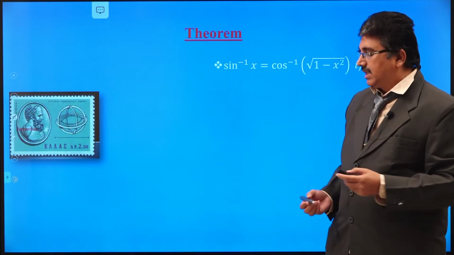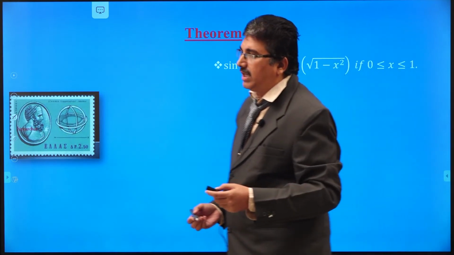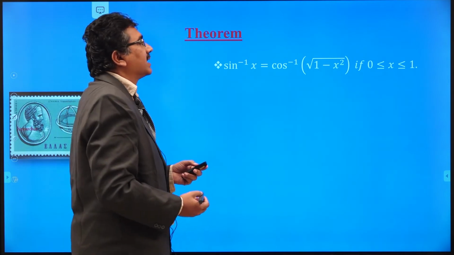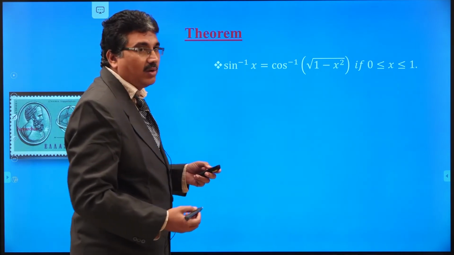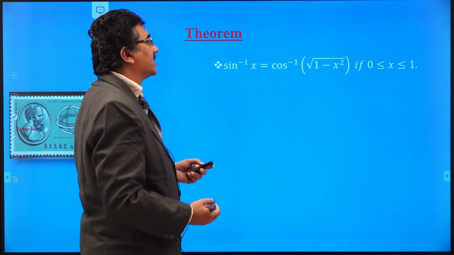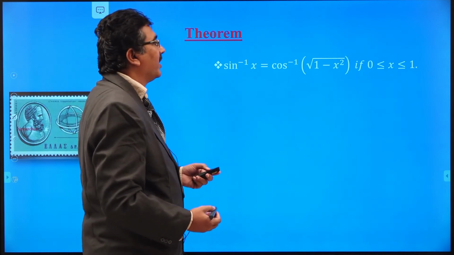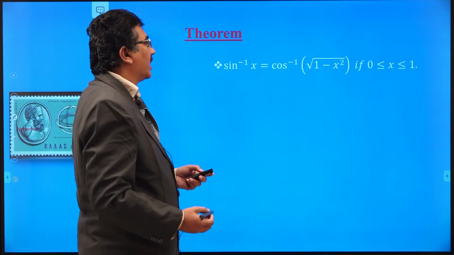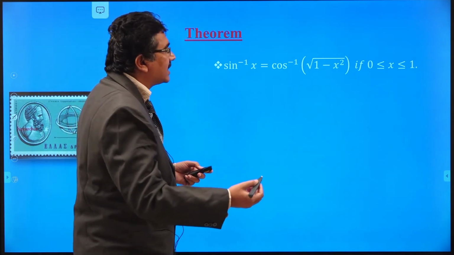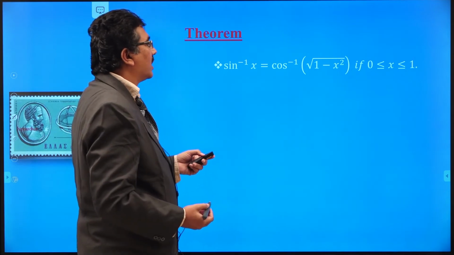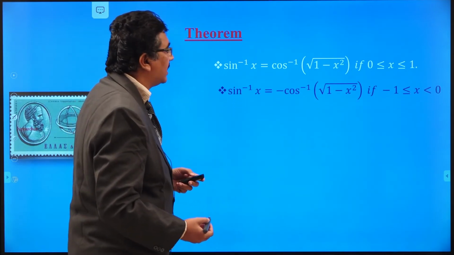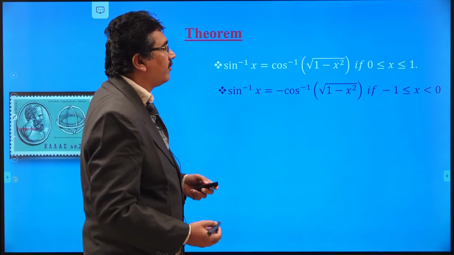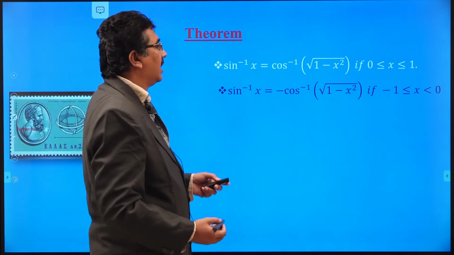Here sin inverse x is equal to cos inverse of square root of 1 minus x square if 0 is less than or equal to x less than or equal to 1. What about x less than 0? See, sin inverse x is equal to minus cos inverse of root of 1 minus x square.